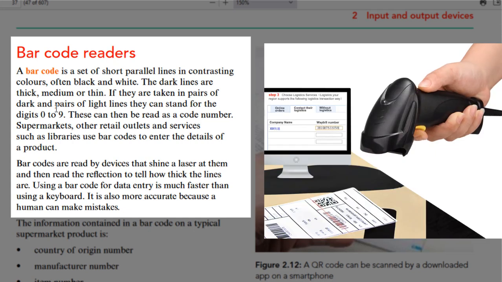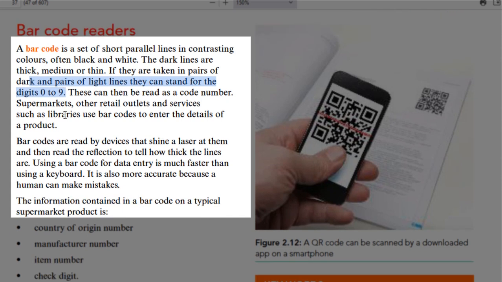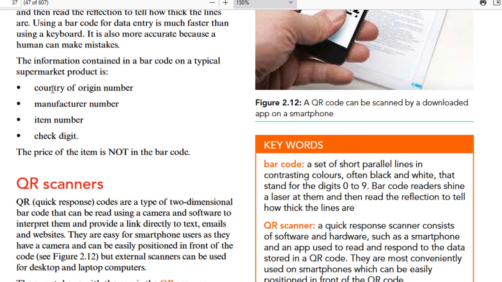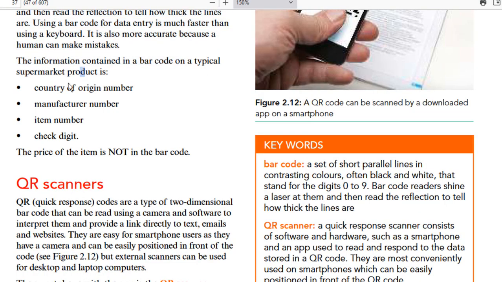If they are taken in pairs, dark and pairs of light lines, they can stand for the digits 0 to 9. Okay, so everybody knows what a barcode is and what a barcode reader is. These are examples of information contained in a barcode on typical supermarket products: country of origin, manufacturer, item numbers, check digits, and so on.